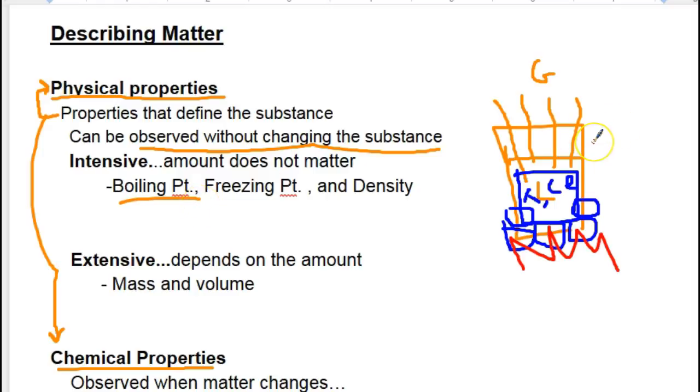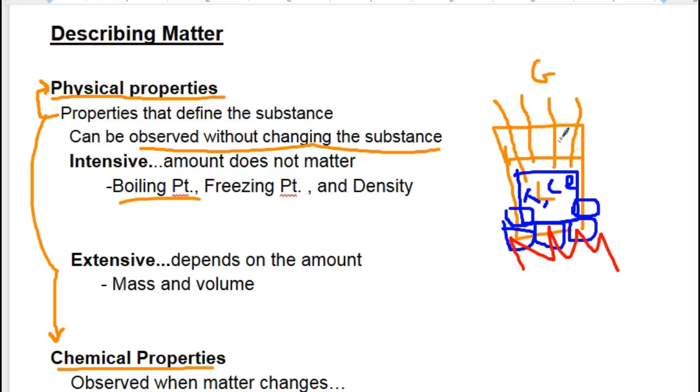So water, H2O, it freezes at 32 degrees Fahrenheit or 0 degrees Celsius, and it also melts at the same temperature, and then depending on what happens, it'll either become a liquid, or if you're making it cooler, it'll become ice. But it also has a boiling point, water does.